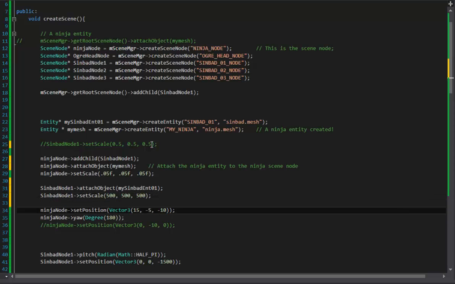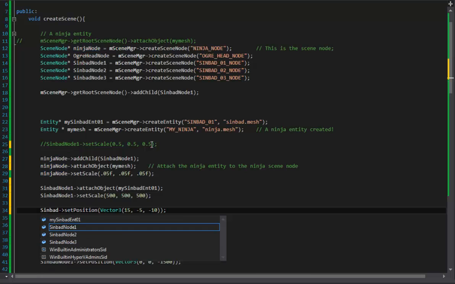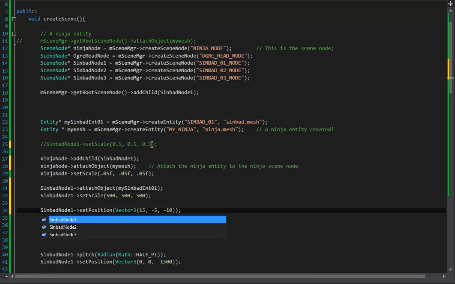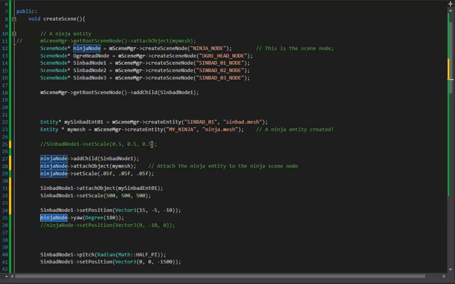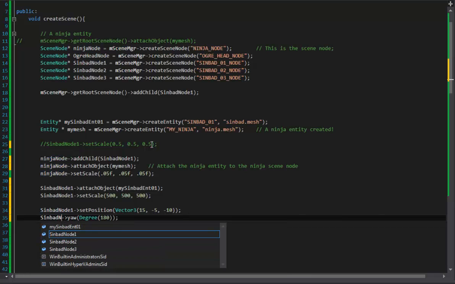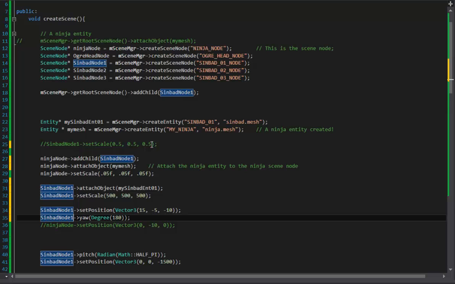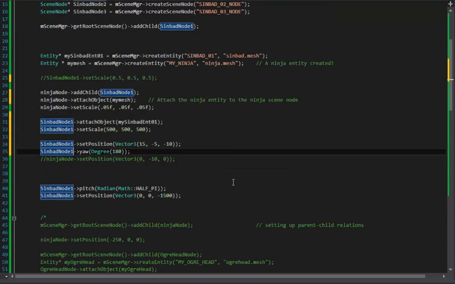And then the set position of my Ninja is at the location it was. So we're going to make this Sinbad node 1, and make the Sinbad node 1 also rotate so that they would be looking at each other. And then we'll have the Ninja node pitch.